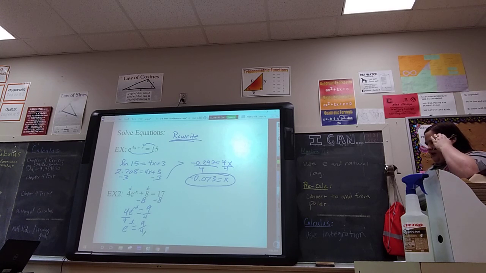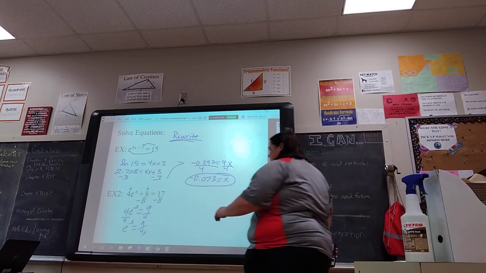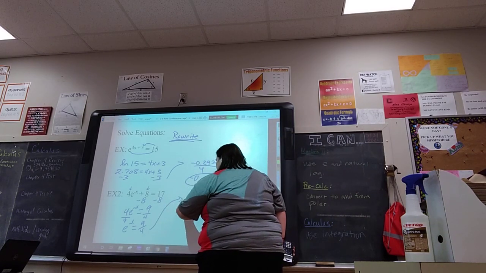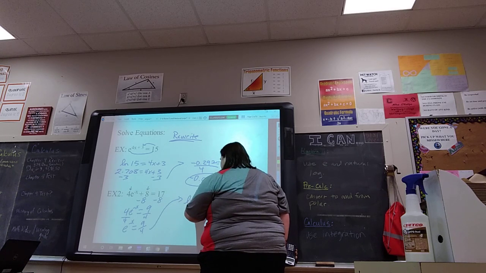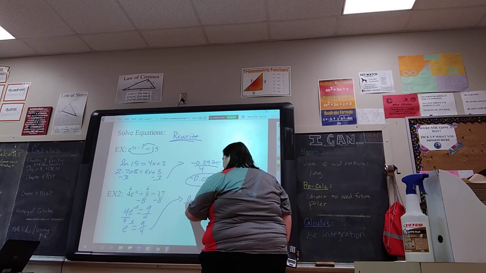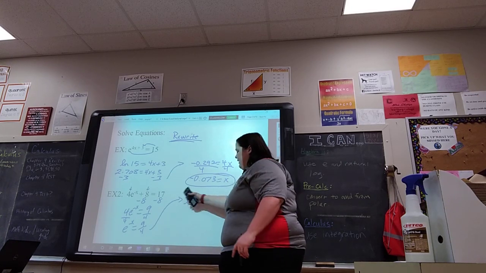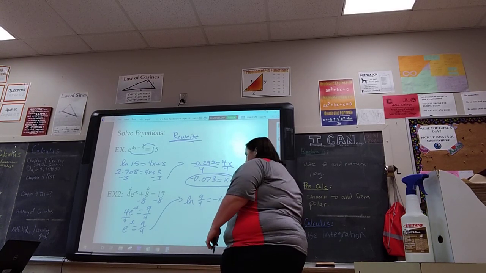So now what are we going to do? Make it ln. Yep, we're going to rewrite it into ln. So I'm going to move that up here so it's not quite so low on the screen. So it'll be ln of the 9/4, and again where the e goes is right next to the e at the n, and then equals negative x. So in my calculator, I just need to do ln of 9/4.